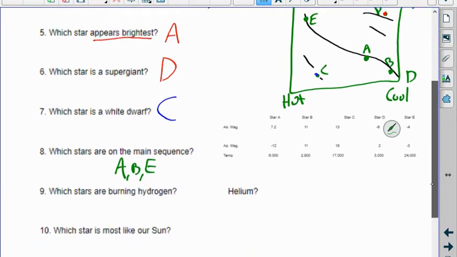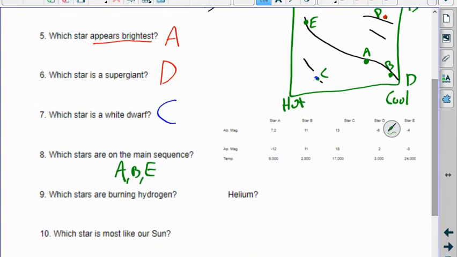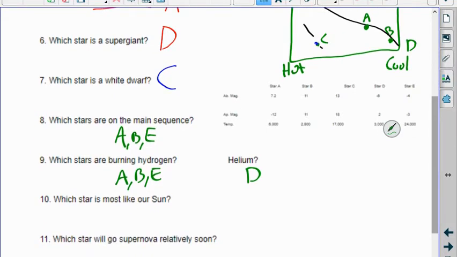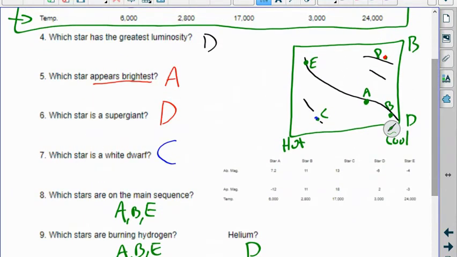Which stars are burning hydrogen? Remember, the main sequence are the stars that are burning or fusing hydrogen. In reality, the star D also is fusing hydrogen, but in addition to hydrogen, it is fusing helium as well. And so that's what I meant by that question. Which star is most like our sun? Our sun is a pretty cool, dim star right in the middle-ish of an HR diagram.